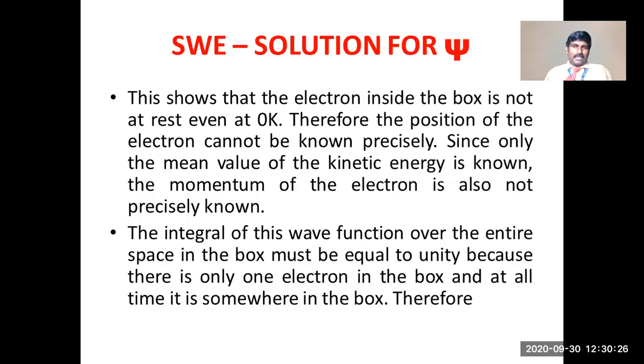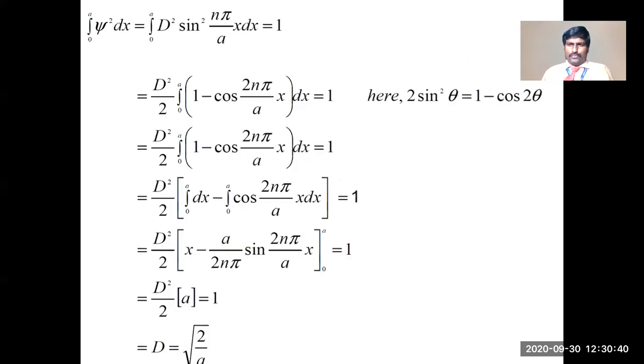In quantum postulates, there is one postulate which tells us psi into psi star equal to 1. According to that, we are going to integrate psi square with lower limit 0 and upper limit a, psi square with respect to dx equal to 1.